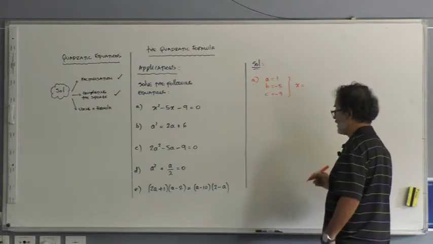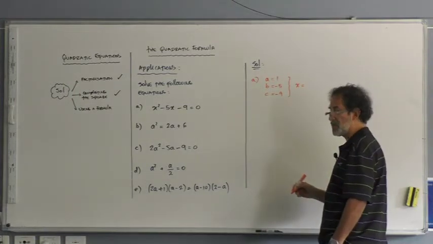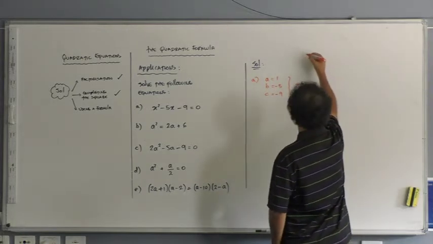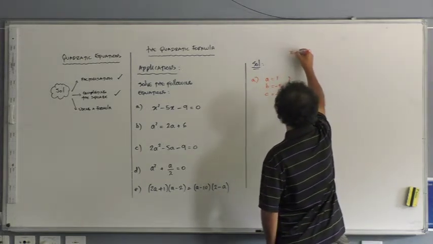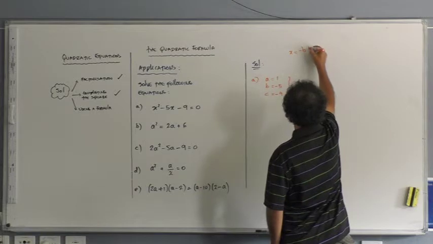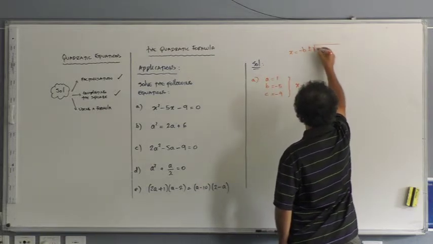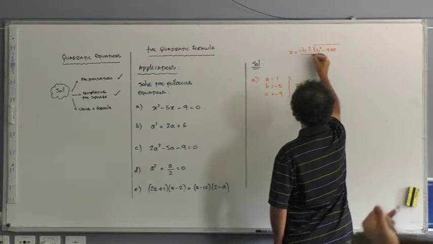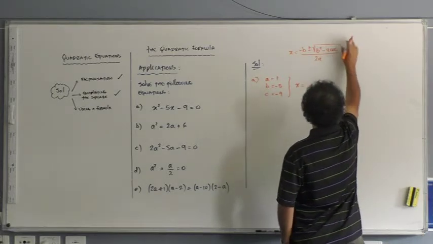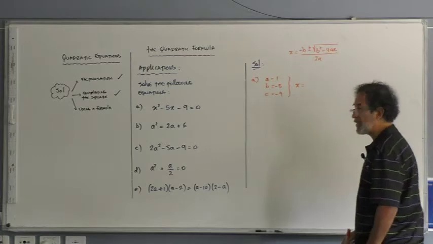The formula says x is equal to minus b plus or minus the square root of b squared minus 4ac, all over 2a. I'm going to put the formula here again.